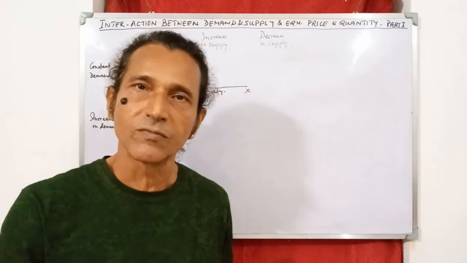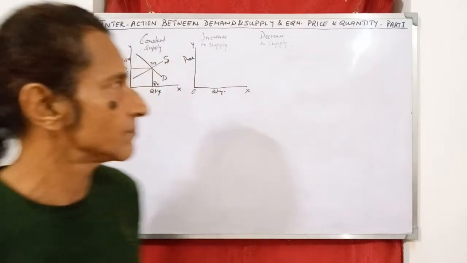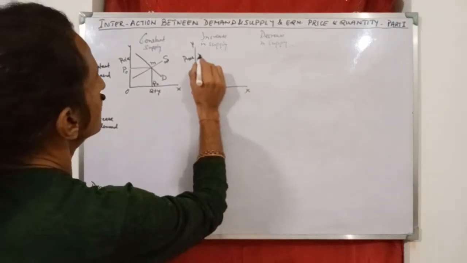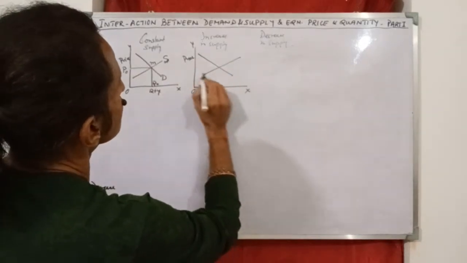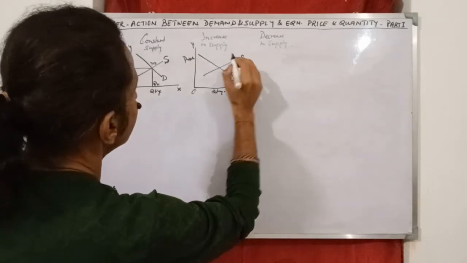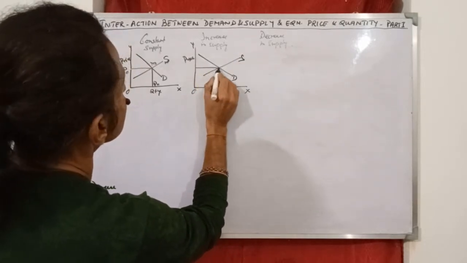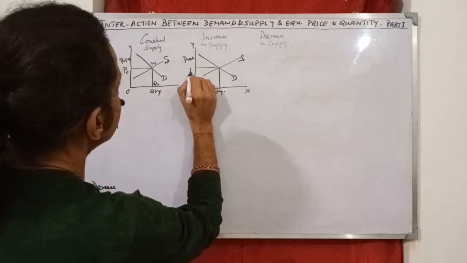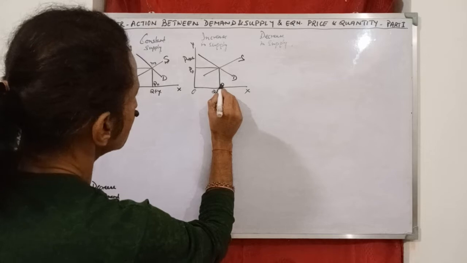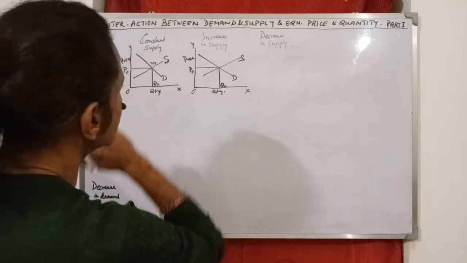But start from the equilibrium position. Always do that. So let it be like this. Let the demand curve be D, supply curve be S. So equilibrium price is P sub O and equilibrium quantity is Q sub O.